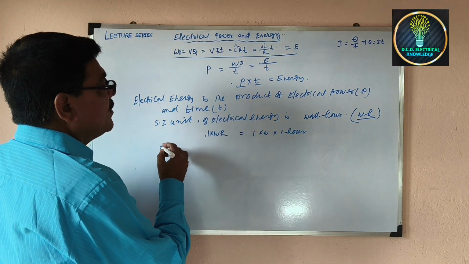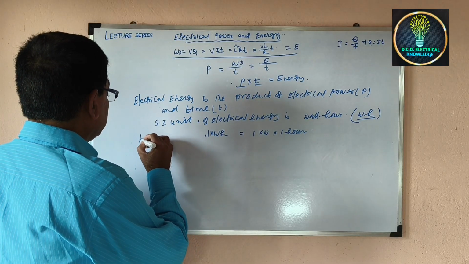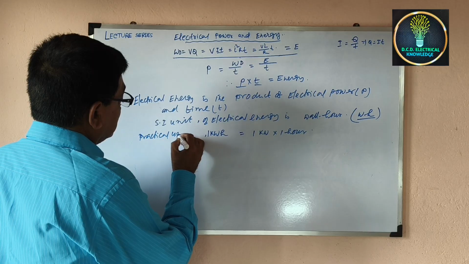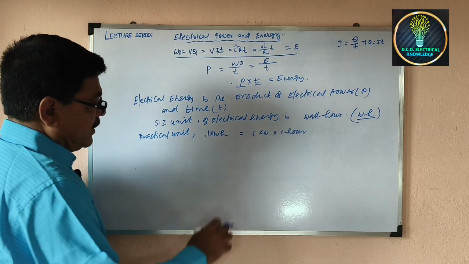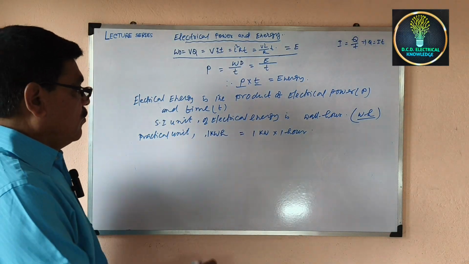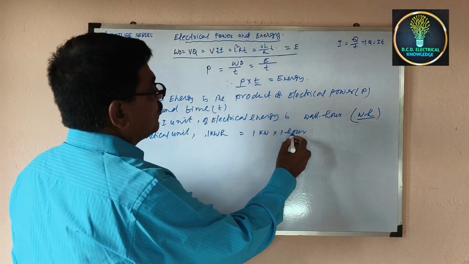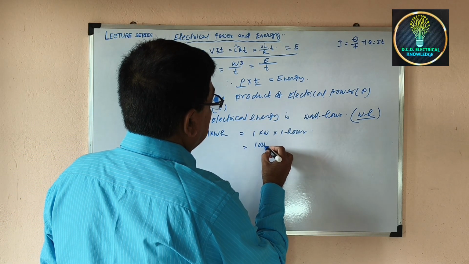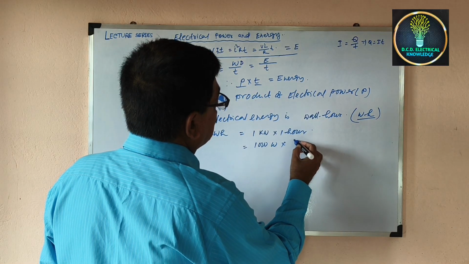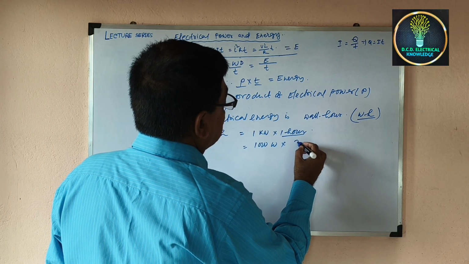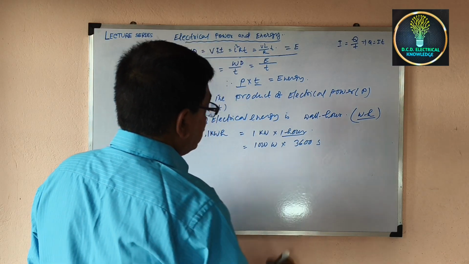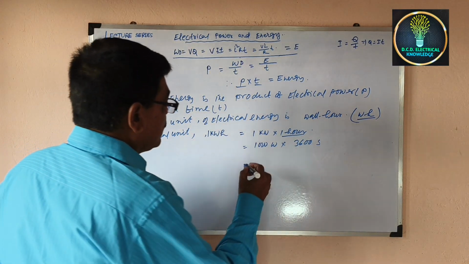Practical unit is kWh. 1 kilowatt is equal to 1000 watt, into 1 hour is equal to 3600 second.